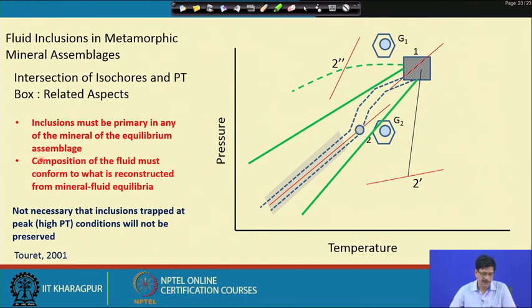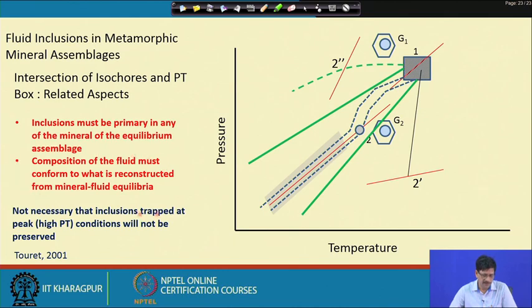So, that has to agree with the fluid inclusions which you are seeing, because we can analyze them by using some kind of non-destructive microanalytical technique and can calculate the concentration of the different species.